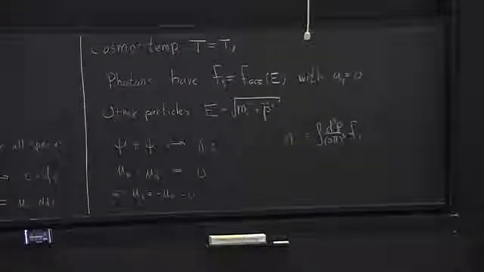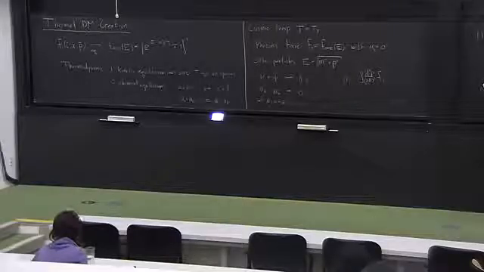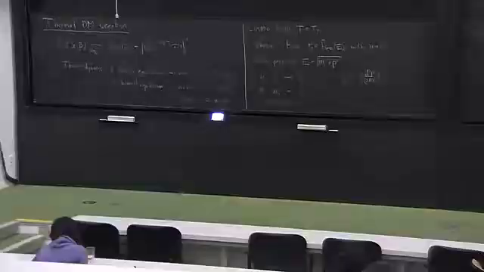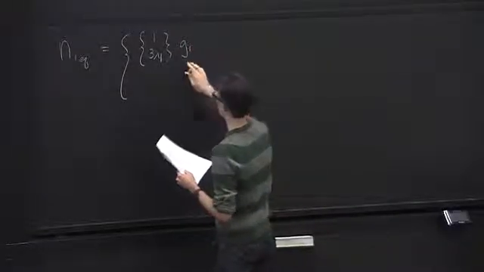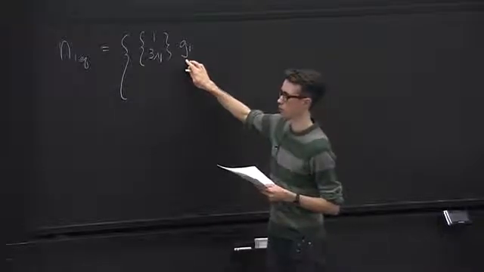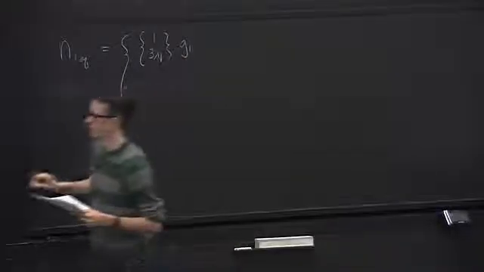What I get for the number densities in equilibrium for species i are therefore, I get either 1 or 3/4 for bosons or fermions. That corresponds to the difference, the minus plus, in the grand canonical thing. I get a factor g_i, which corresponds to the number of degrees of freedom. Actually, I guess I should have put this in here.